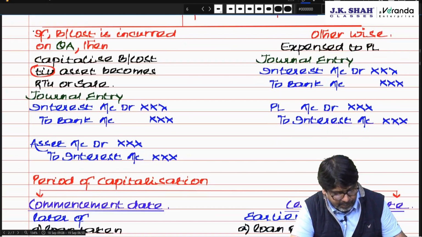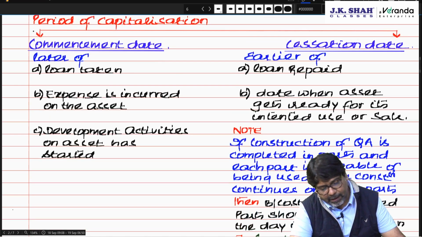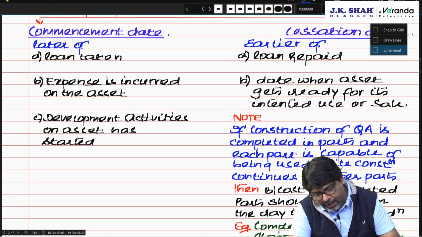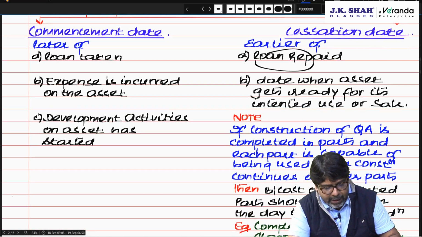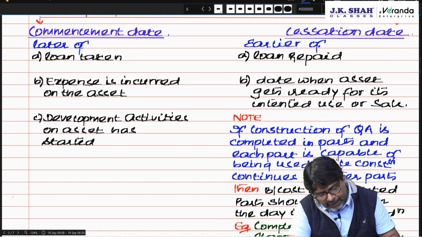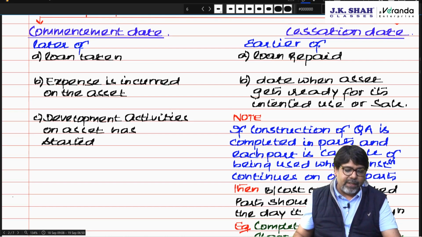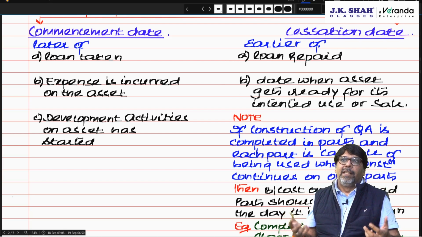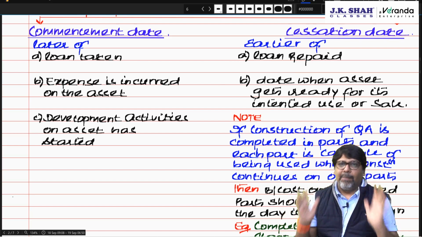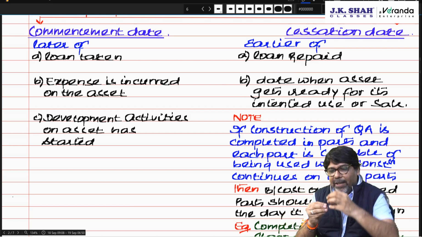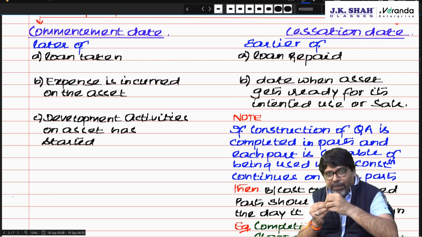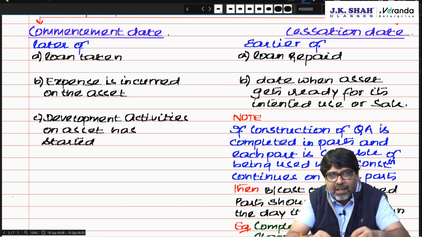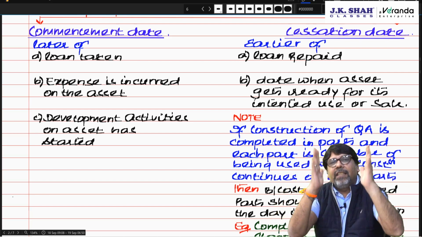Now, it is given over here. Cessation date. Cessation date is the earlier of the loan repaid or the date when the asset gets ready for its intended use, whichever is earlier. So when would you start capitalizing? Common sense: the date when you start using the loan money on construction, when construction is taking its physical form.